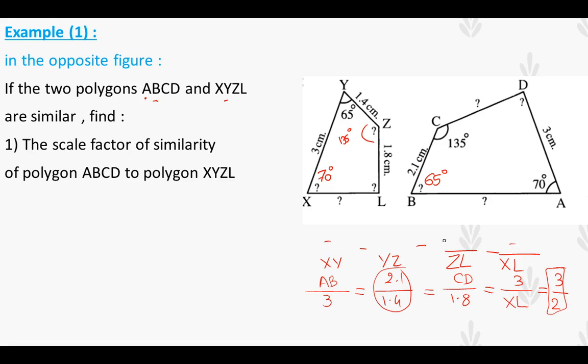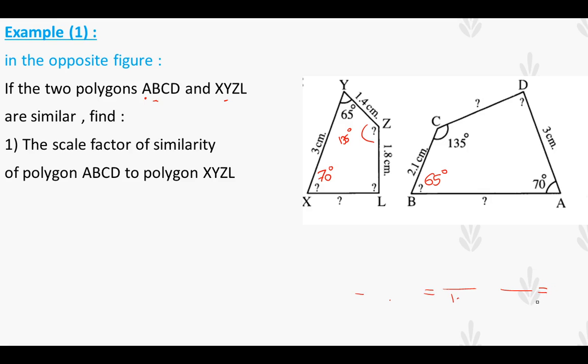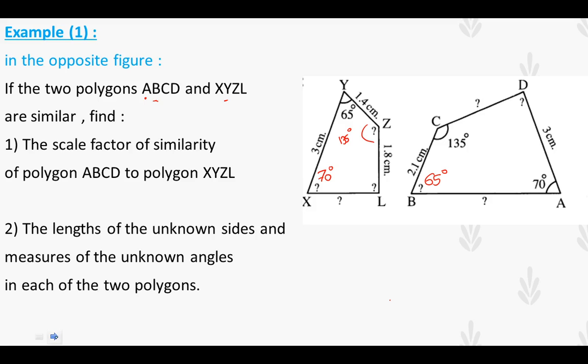Let's solve it again by using the PowerPoint. Here he wants the lengths of the unknown sides and the measure of the unknown angle in each of the two polygons.